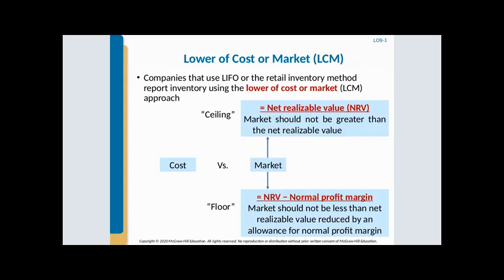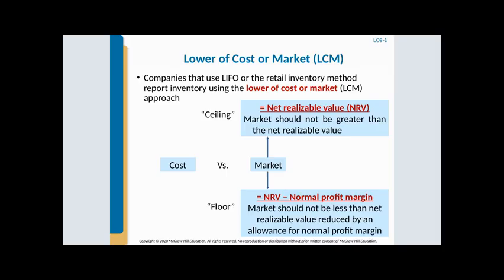All right, lower of cost or market is the one that students get a bit confused about. Actually, I think it's kind of fun. It's kind of like a game in a way. For lower of cost or market, you have a ceiling and a floor.